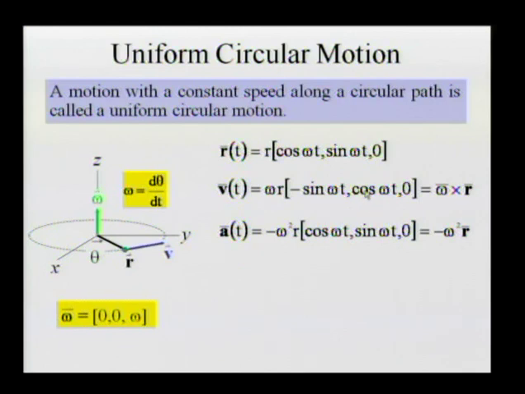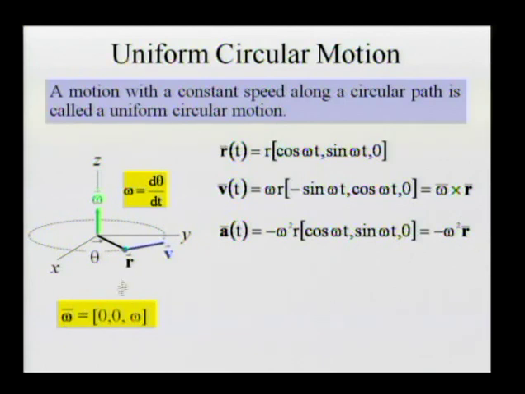The derivative of cosine function is minus sine, so that minus agrees with the derivative of cosine. And again, the derivative of the internal function is omega, so that omega squared takes care of it. And the derivative of 0 is 0. Now you can recognize that r cosine omega t, sine omega t and 0 is the vector r. So really acceleration is minus the square of this angular velocity multiplied by the position vector.